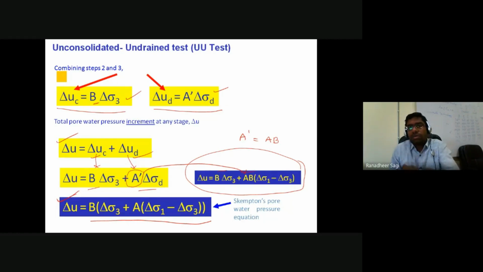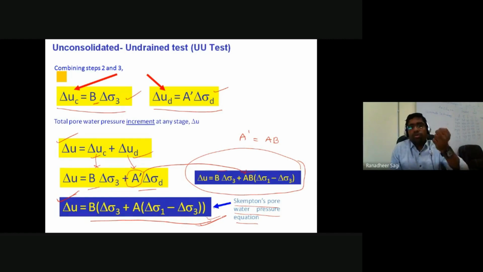What does delta sigma 1 minus delta sigma 3 mean? It's nothing but your applied deviatoric stress on that particular soil sample. So this expression is what we call Skempton's pore water pressure equation. This particular expression we are looking at is nothing but Skempton's pore water pressure parameters equation.